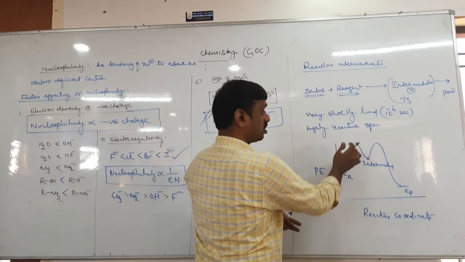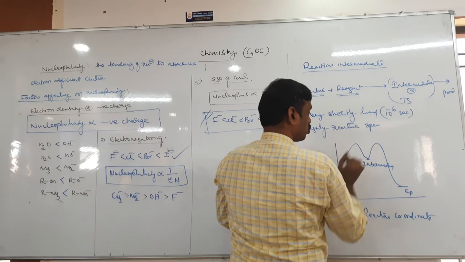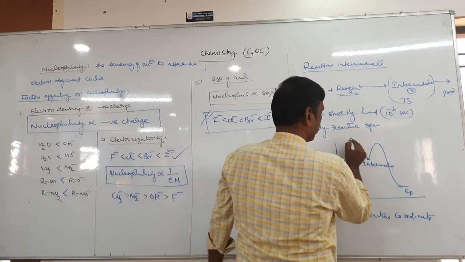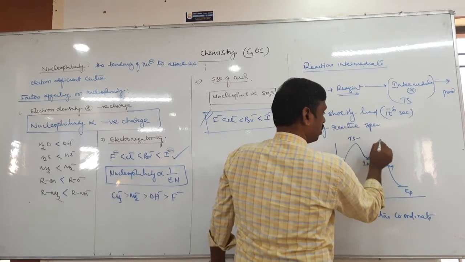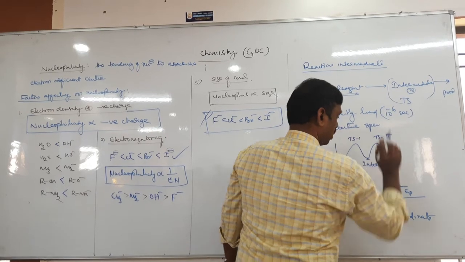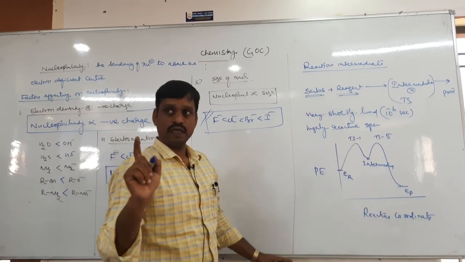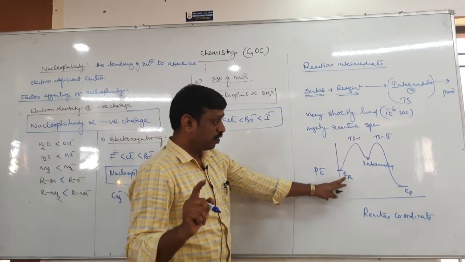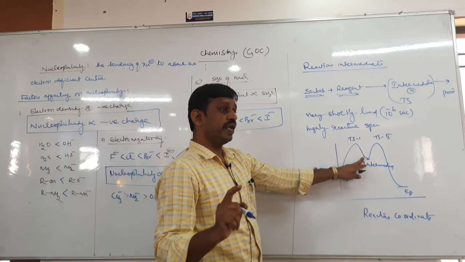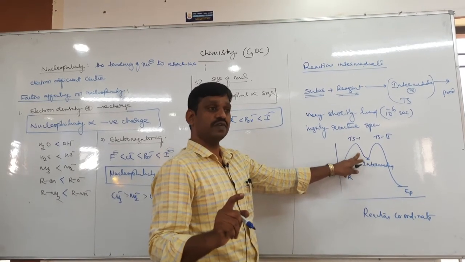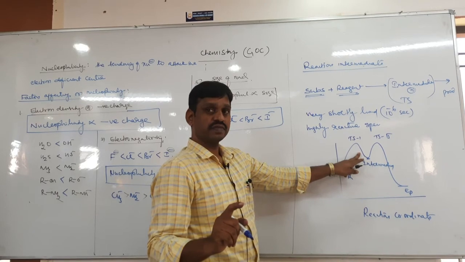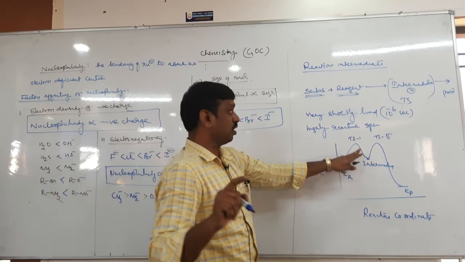Now this point is an intermediate. Now tell me, what about this? This is actually the transition state, TS1, and this is TS2. Important point, remember: when the reactant converts into intermediate, the first TS is formed, the imaginary state.